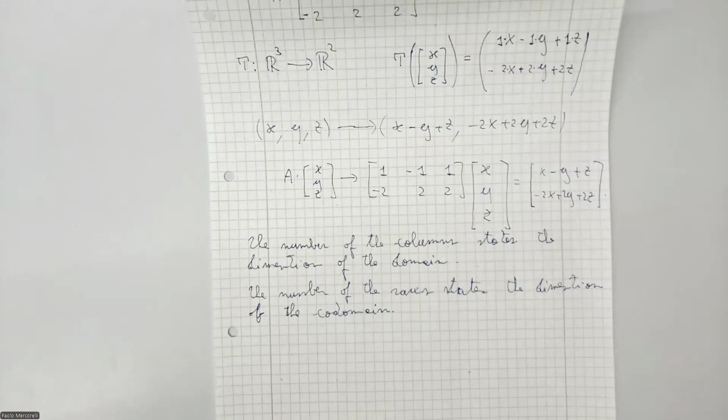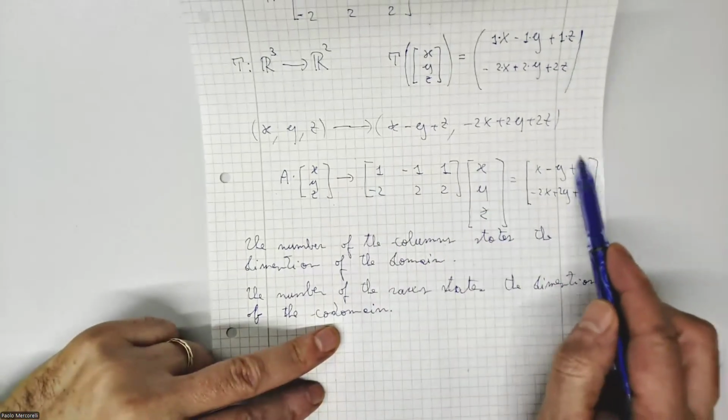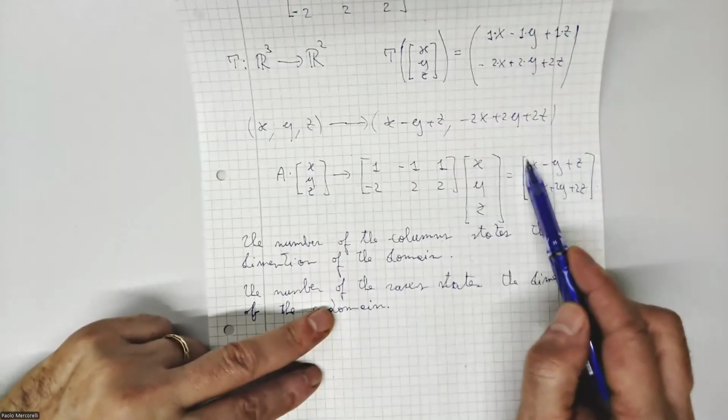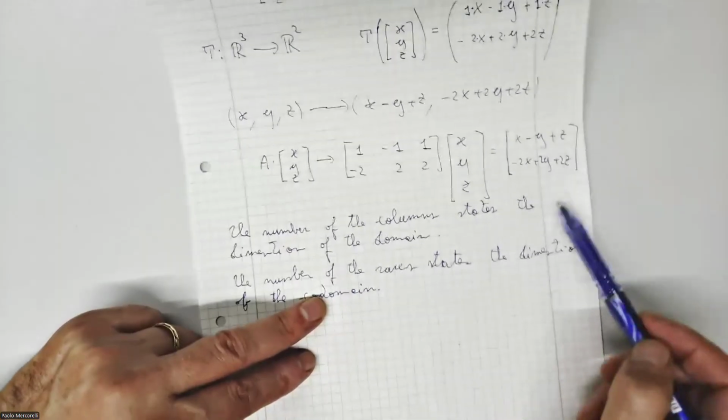Right? Until now, because I transformed x, y, z into two components. We can call them, I don't know, y1 and y2. Anyway, two elements.